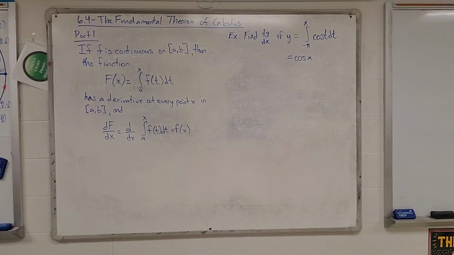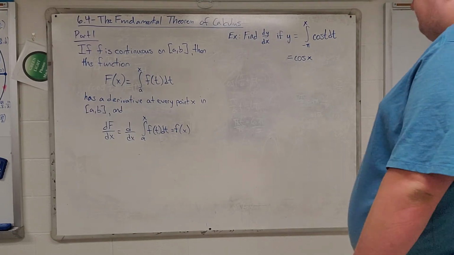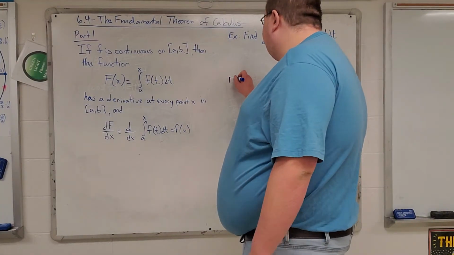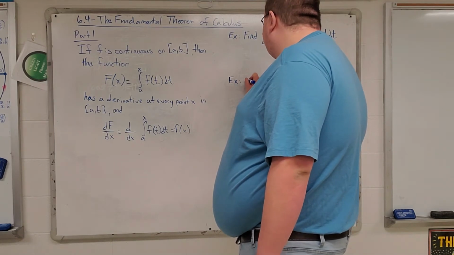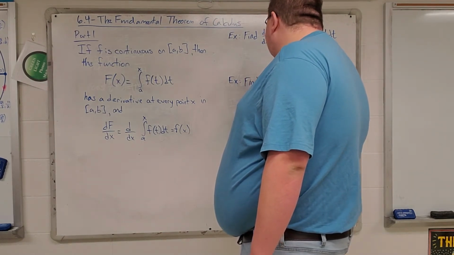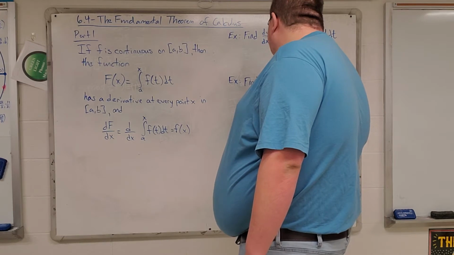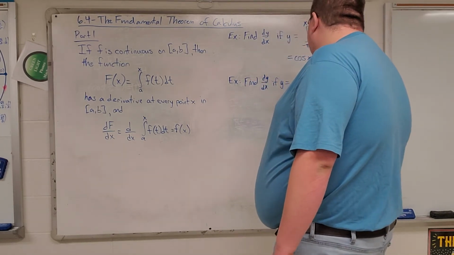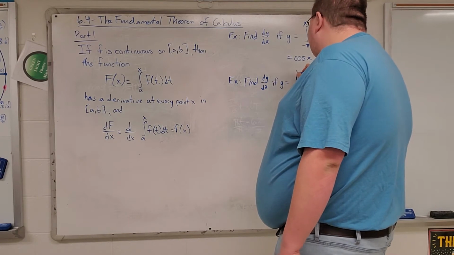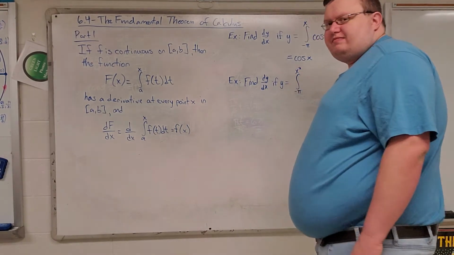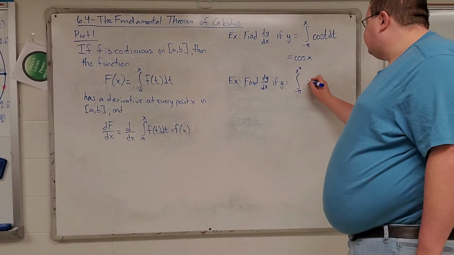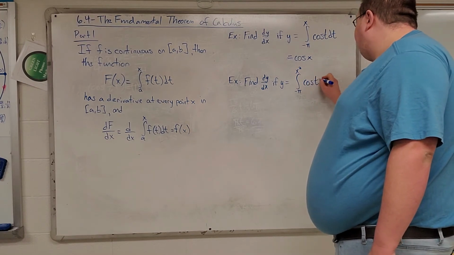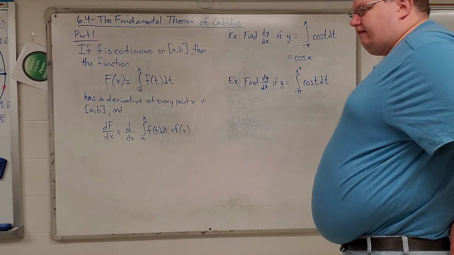Well, what if it's not x? Because a lot of times it won't be. What if it's something else and it has x in it? What if we wanted to find dy/dx if y is equal to, this is almost the same thing, the integral from negative pi to x squared of cosine t dt.